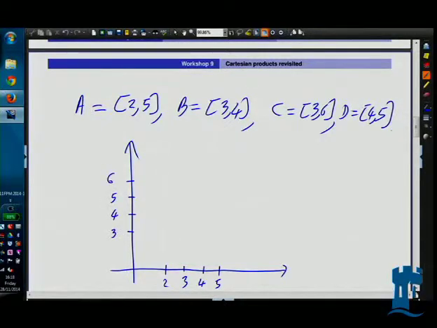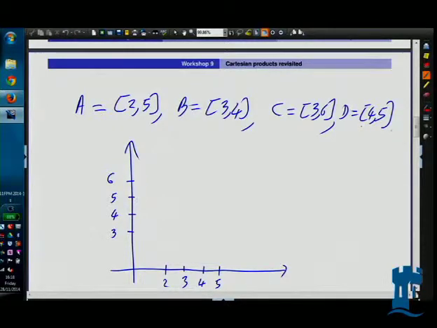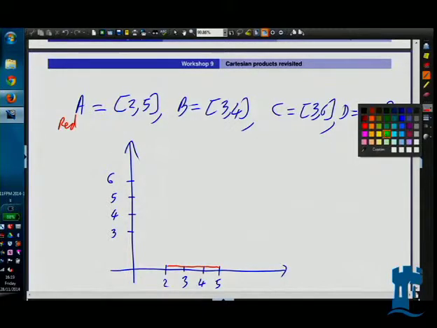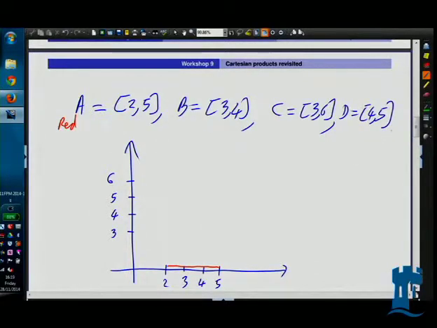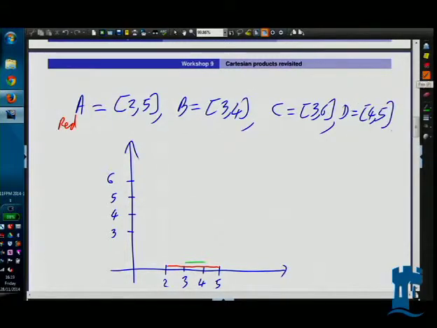Let's figure out where these sets are. So A is going between 2 and 5. That's A. B is going between 3 and 4. Some more colours.